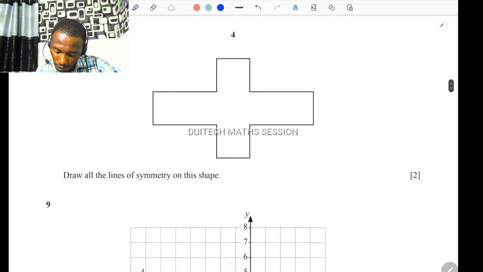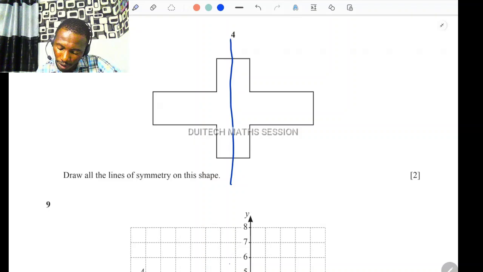So number 8 says draw all the lines of symmetry on these shapes. Of course, remember what we said about symmetry before. What makes it return to the original side and makes it equal? So we're looking at how many lines would divide this particular shape into equal parts.